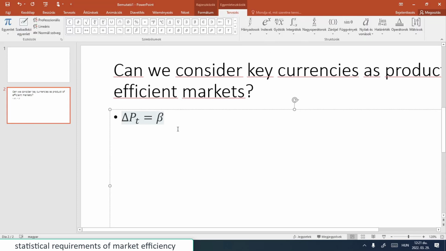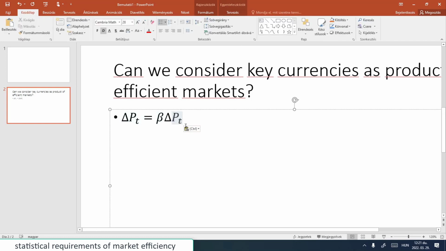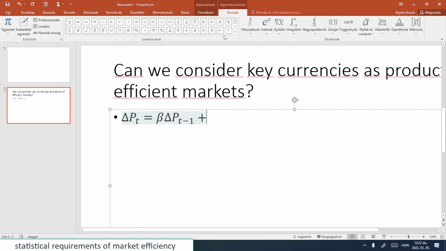Let's just have a beta. This multiplies the previous value of the exchange rate, and then we can have some noise, or shocks coming from here.